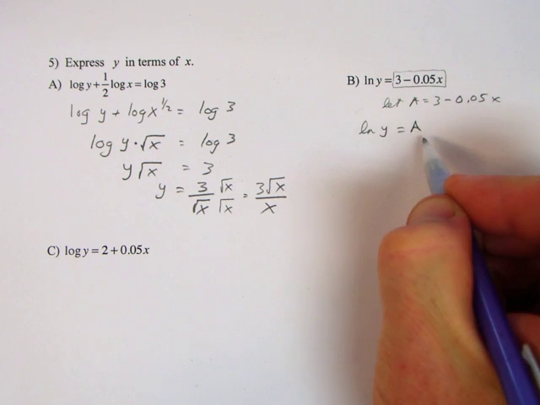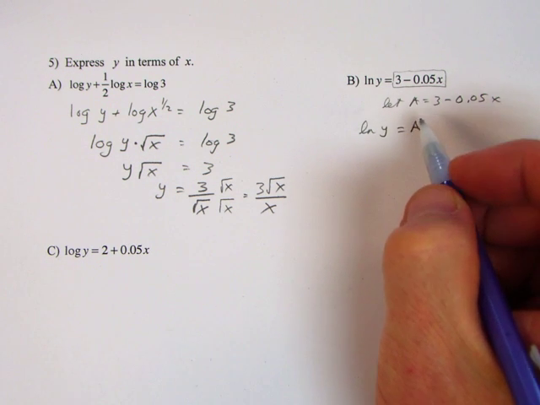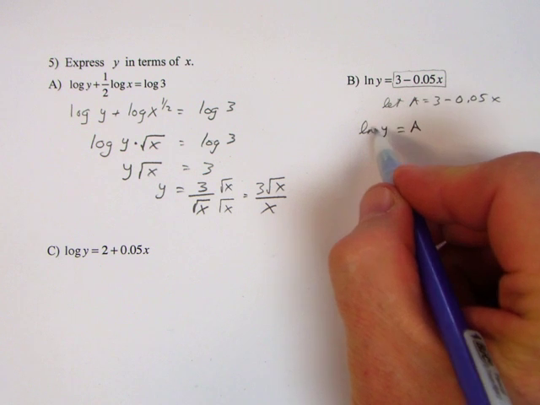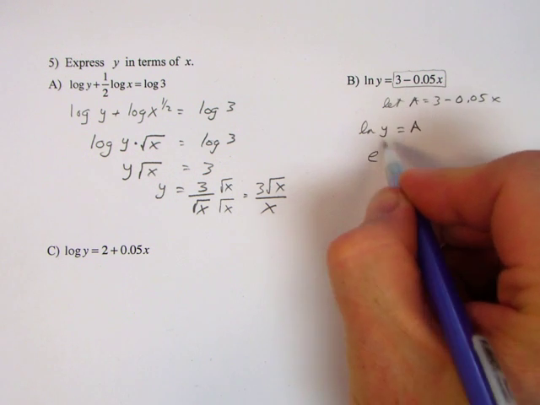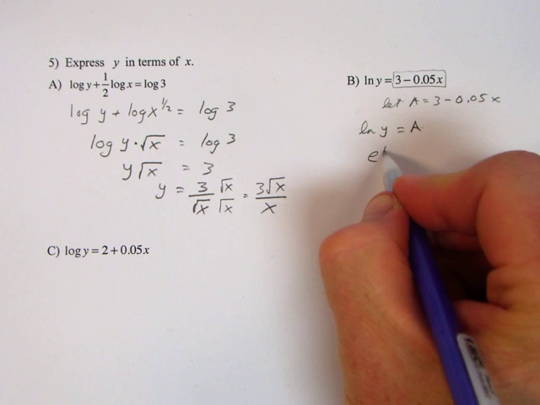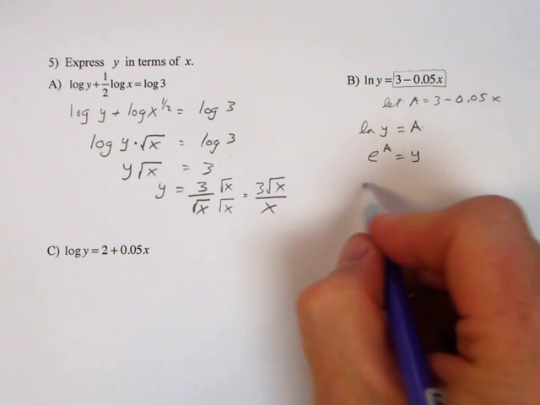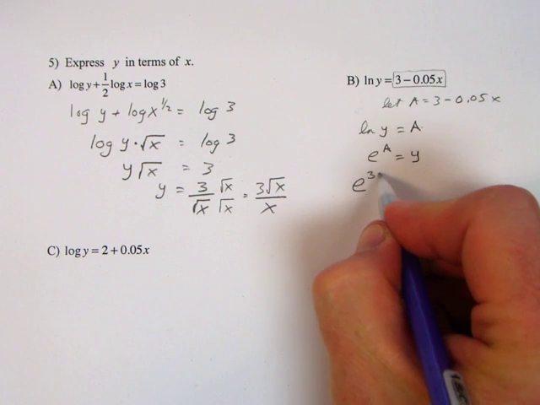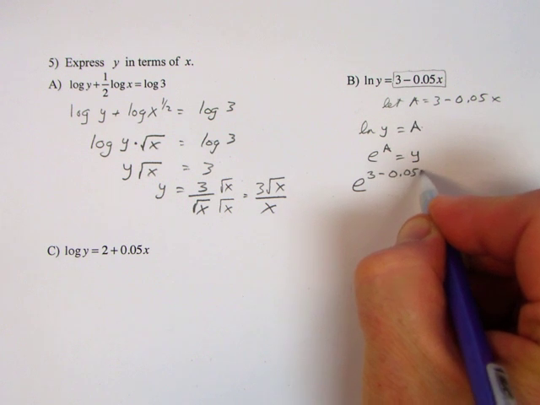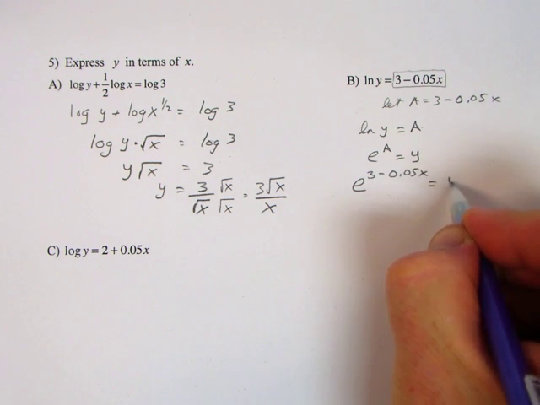Now this is a log equation. Can I transform it to an exponential equation? The base of the natural log is e. A log is an exponent, so my exponent a equals y. So in other words, e to the 3 minus 0.05x equals y.